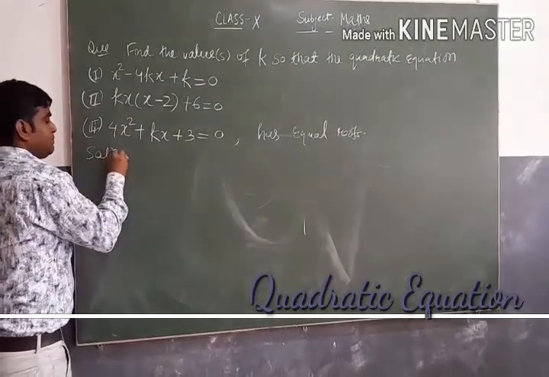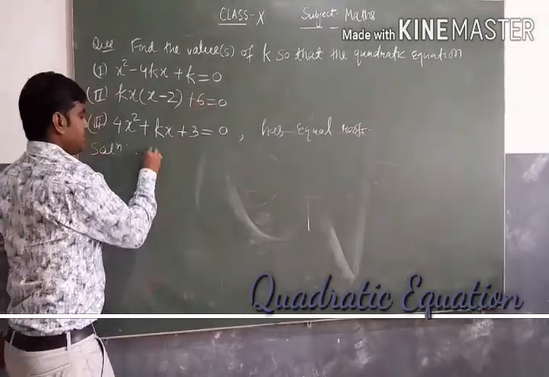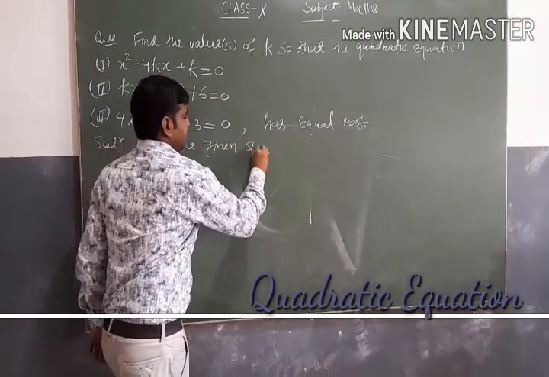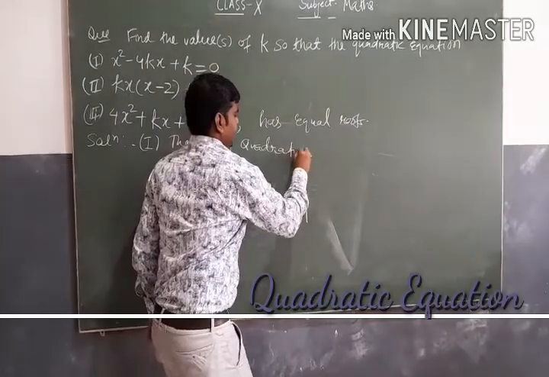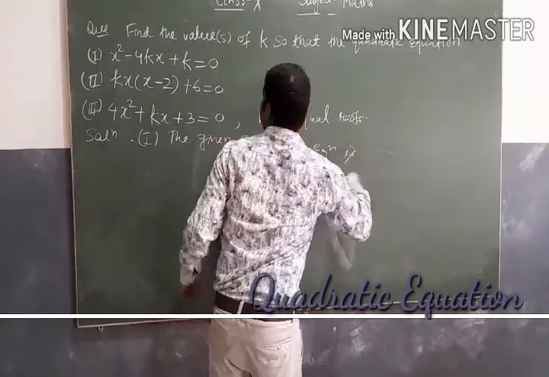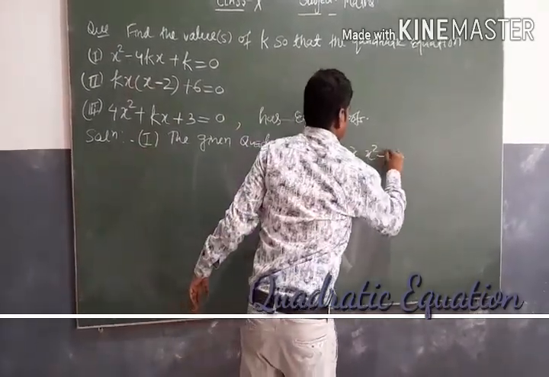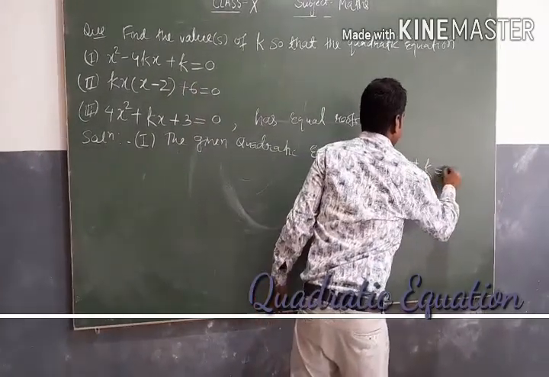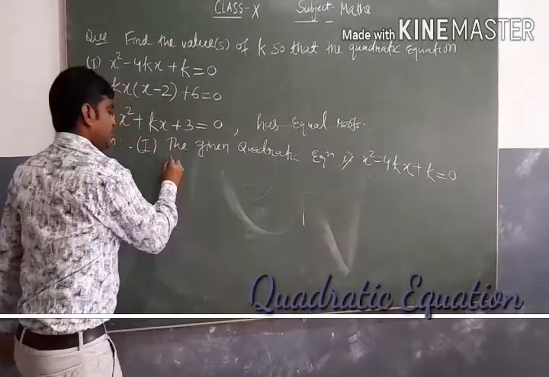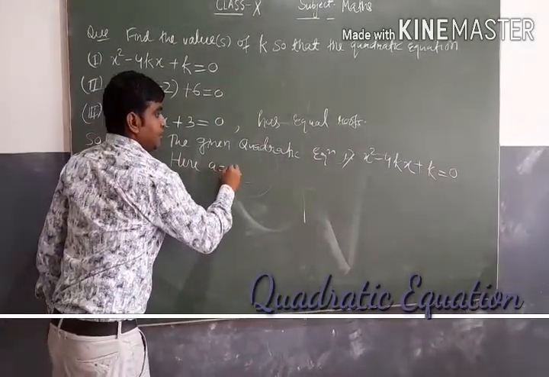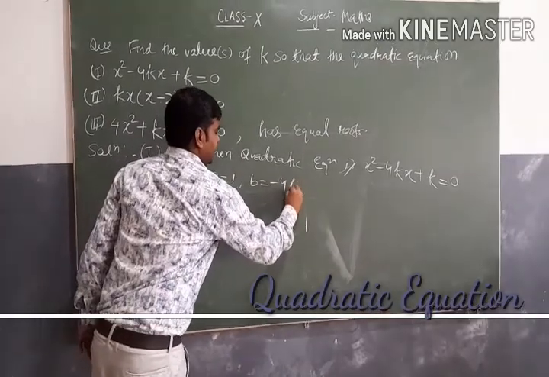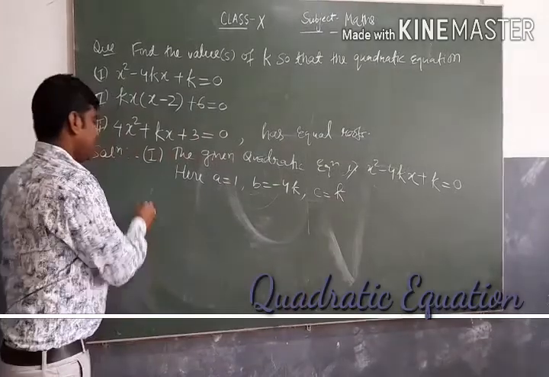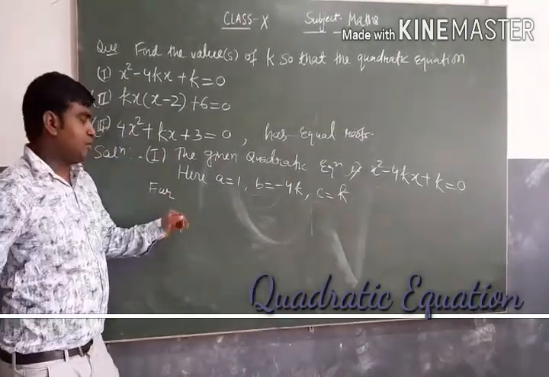So write the solution. The given quadratic equation is x square minus 4kx plus k is equal to 0. Here a is equal to 1, b equal to minus 4k and c equal to k.